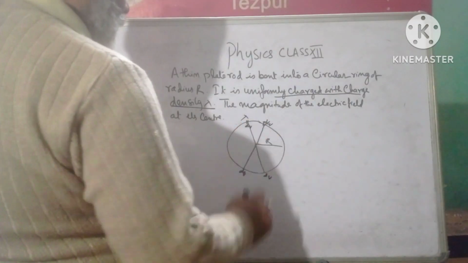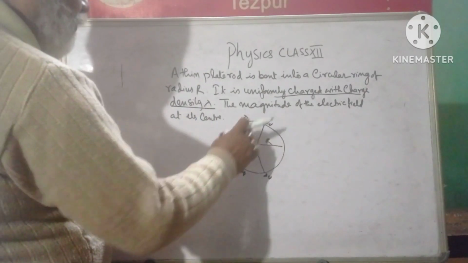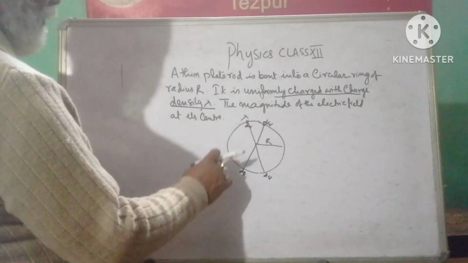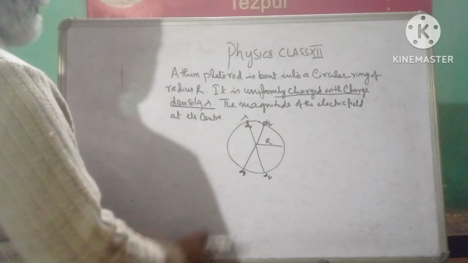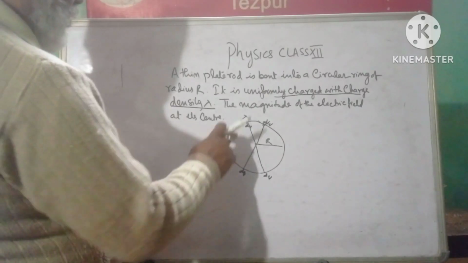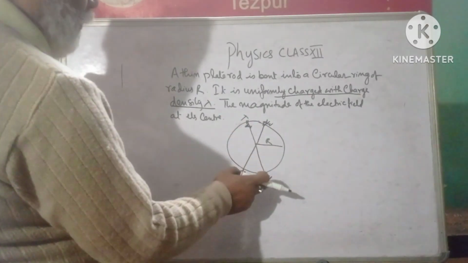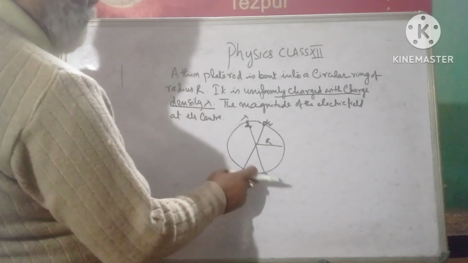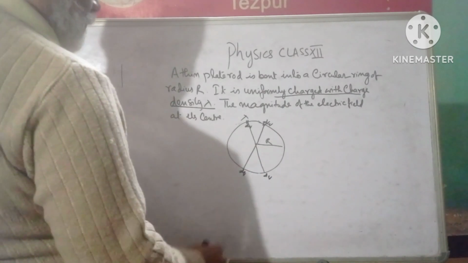For any element dq, on the opposite side of the ring there will be a charge dq.